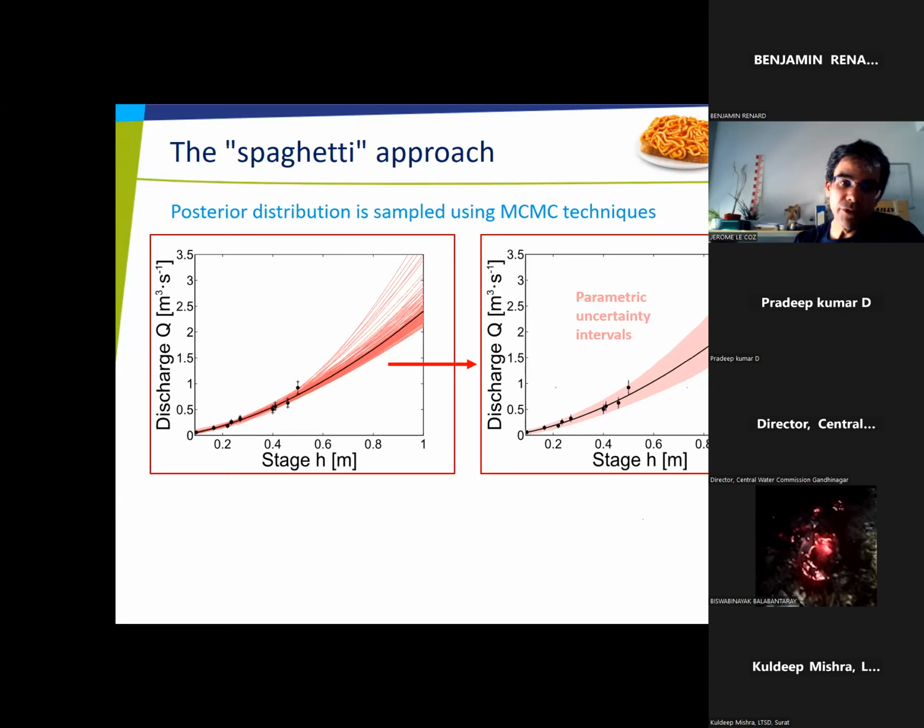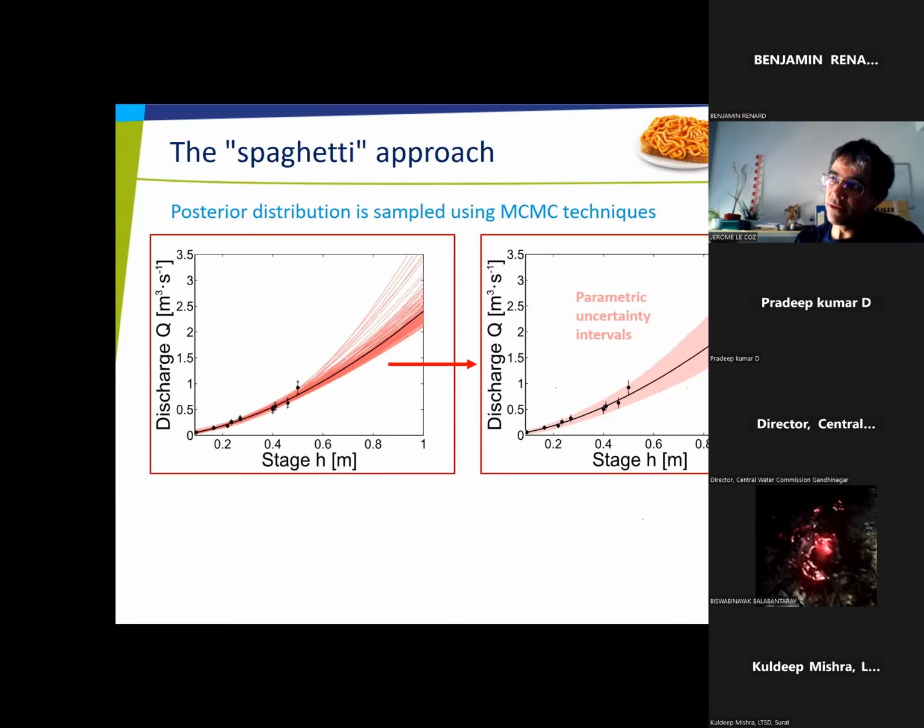And typically, we will compute the 95% credibility intervals. That means that for a given stage here, we will exclude 2.5% of results above and 2.5% of results below to keep the interval where 95% of the rating curves fall in.